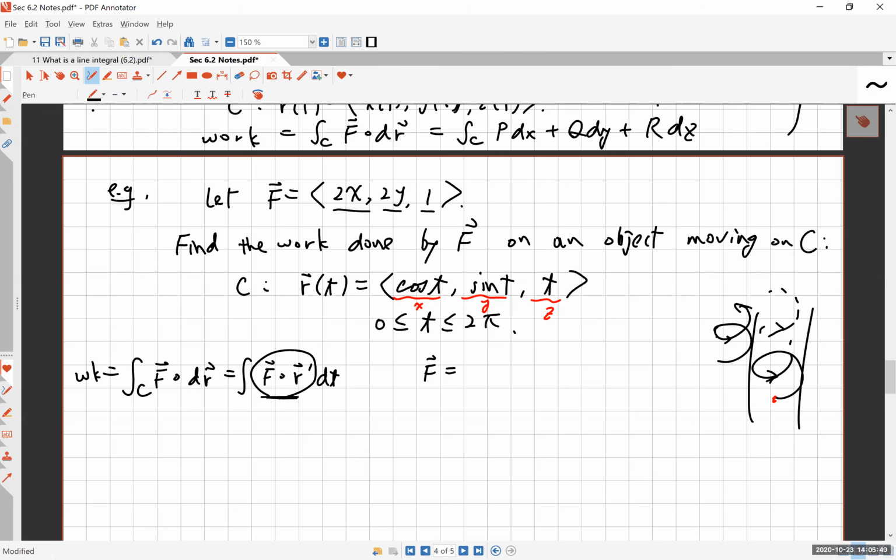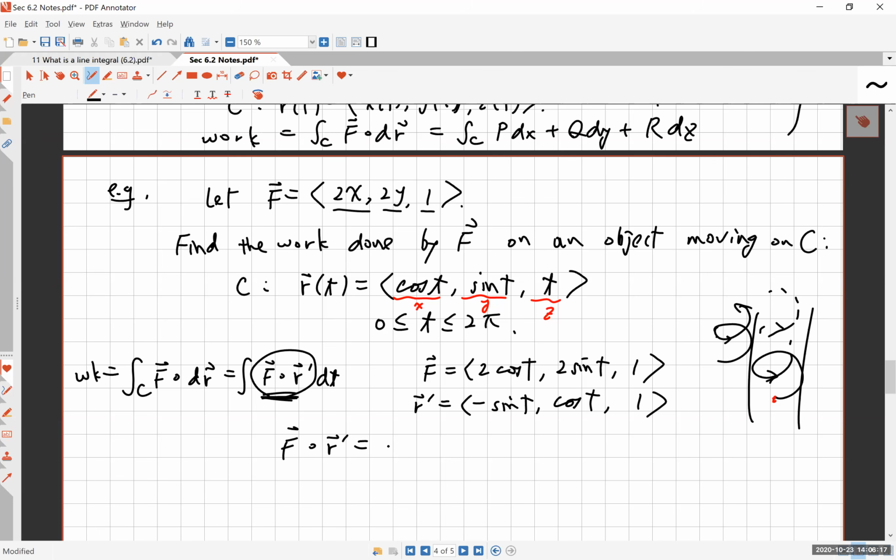All right, F can be written as 2 cosine t, 2y is 2 sine t, and 1 is just 1. Okay, what's the derivative of r? It's negative sine t, cosine t, and 1, right?